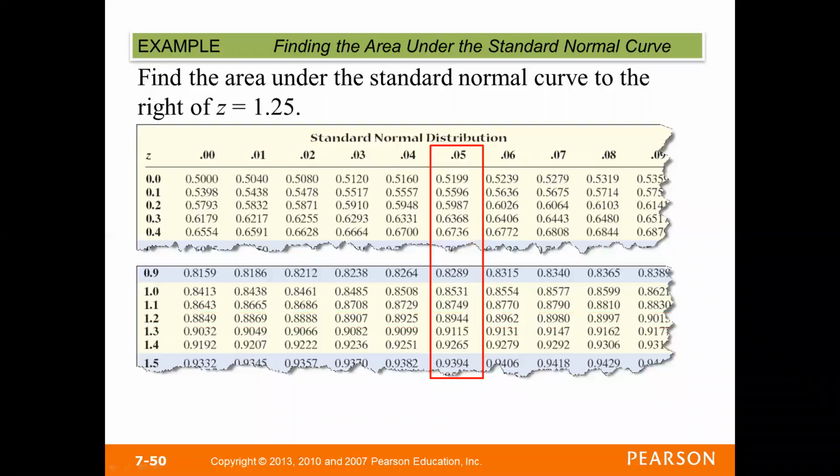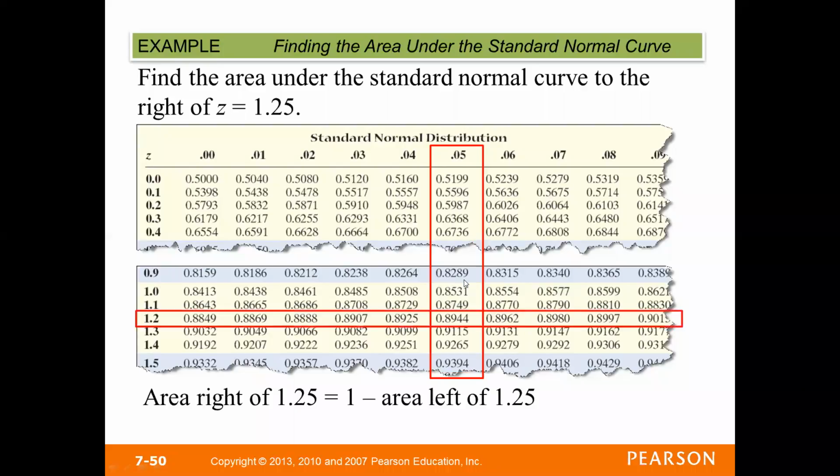So I'm going to take 1 minus 0.8944, which gives me 0.1056. Again, the table gives me the value to the left, so it says 89.44% of all data points lie to the left of 1.25. The other 10.56% lie to the right.